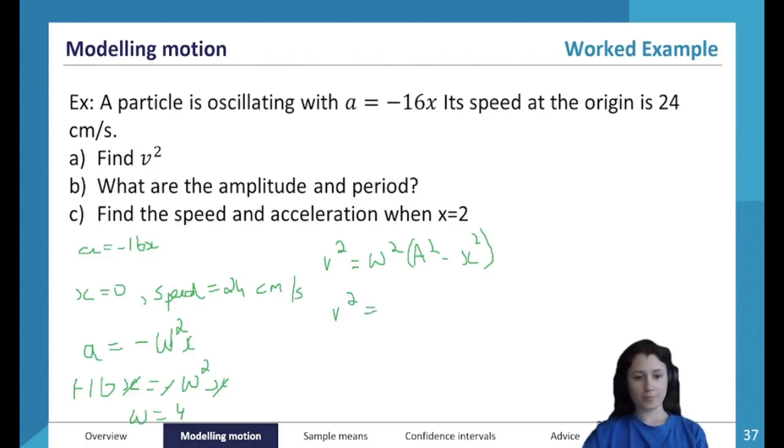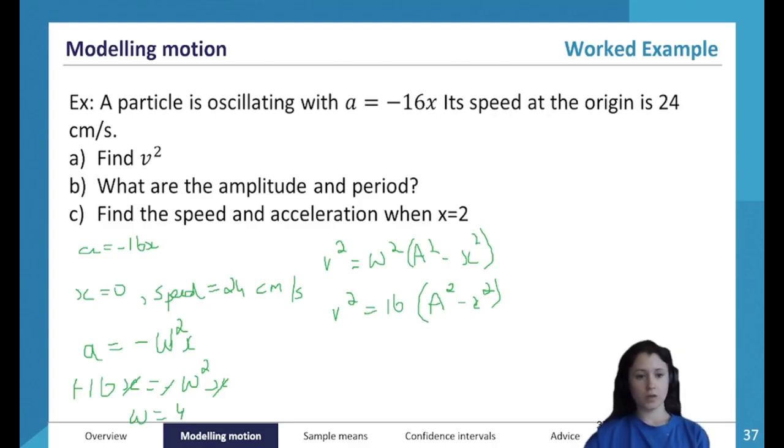So, we're going to have 16 for our angular velocity. Our amplitude, we don't know yet. Alright? So, we don't know our amplitude yet, but we'll be able to figure it out soon. And x is a variable, so we don't need to put that in yet. We don't know our amplitude, so let's think of a few ways that we could figure it out. Alright? What other information do we know?